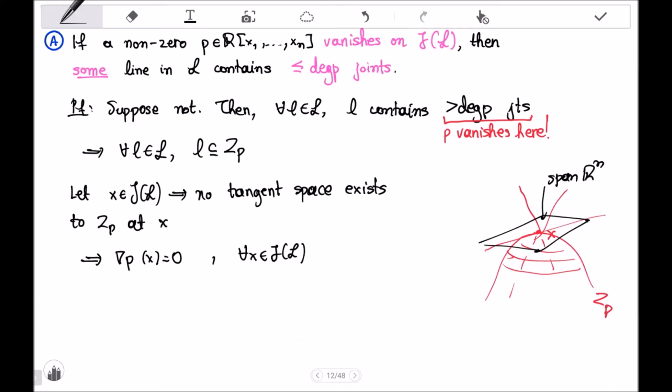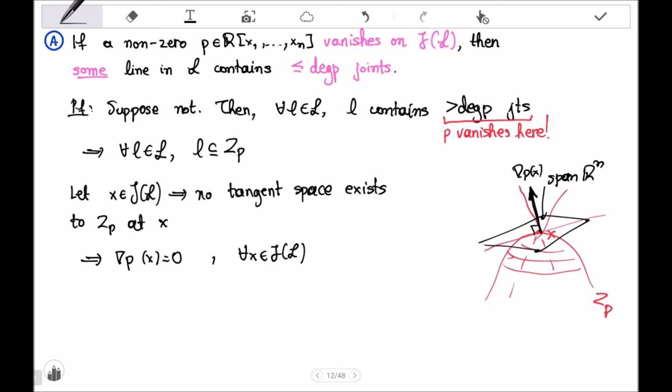And the reason is that if it didn't vanish, it would be parallel to the normal. It would be the normal to this surface at this point. The gradient would look like this, and a tangent space would exist. It would be perpendicular to this normal. Since this can't happen, the normal must be 0. So we cannot possibly have a tangent space there.